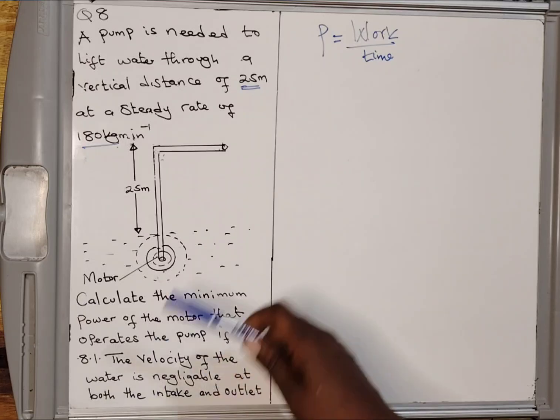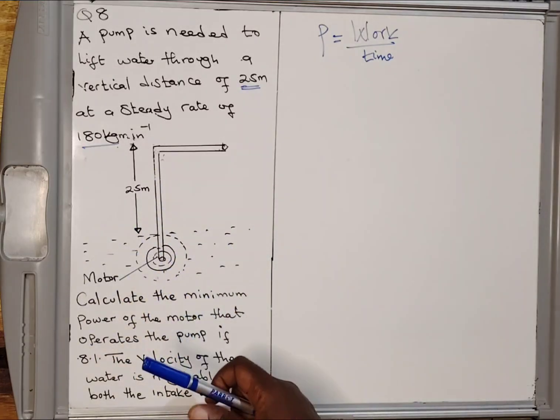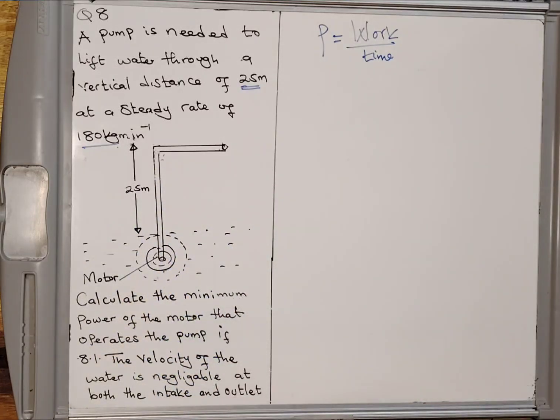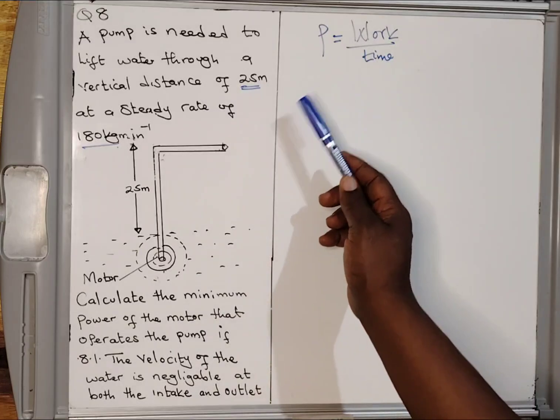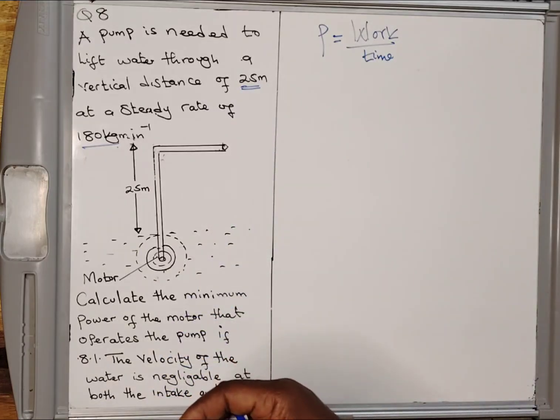Now, when you look at this scenario, we have to remember that work and energy are brothers and sisters. So the motor is expending gravitational potential energy lifting the water.